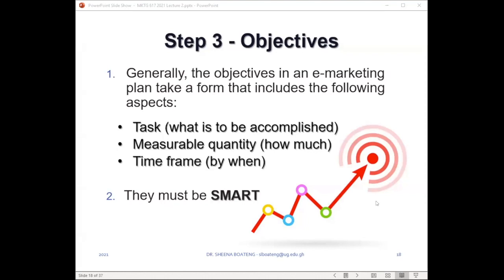You have given us a task and you have quantified it, but you need to also give us a time frame. So perhaps your page is currently at 1,000 followers, but you want to grow it to 10,000 followers within the next 3 months. In that instance, you have created an objective that is both task specific, quantifiable, and going to occur within a given time frame.